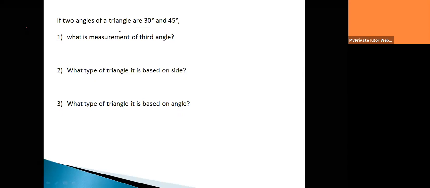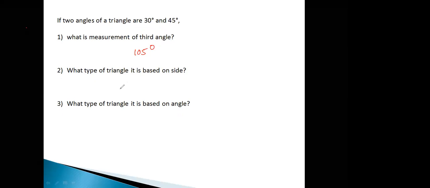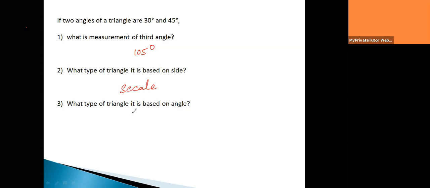Nice one. So what is the answer for the next part? Okay, I think a few students answered. So this is 105, good. And what type of triangle is it? It is scalene. And what type of triangle is it based on angle? It is obtuse. Yes, guys, very good.